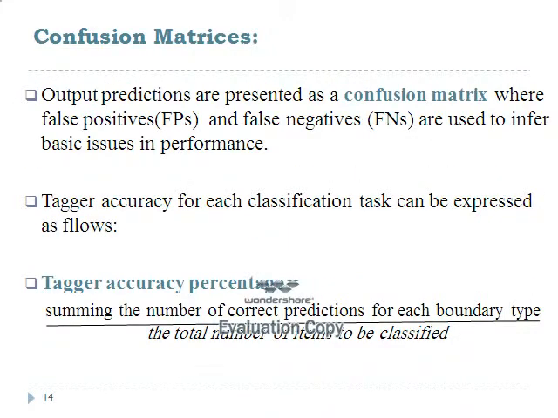Confusion matrix. Output predictions are presented as a confusion matrix, where false positives and false negatives are used to infer basic issues in performance. Tagger accuracy for each classification task can be expressed as follows. Tagger accuracy percentage equals the sum of the number of correct predictions for each boundary type over the total number of items to be classified.